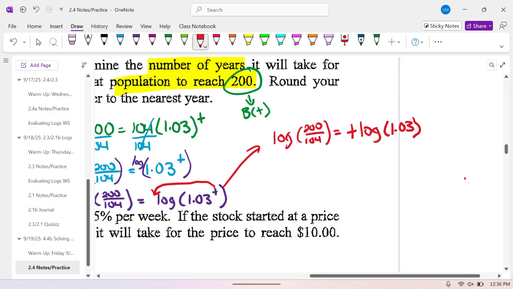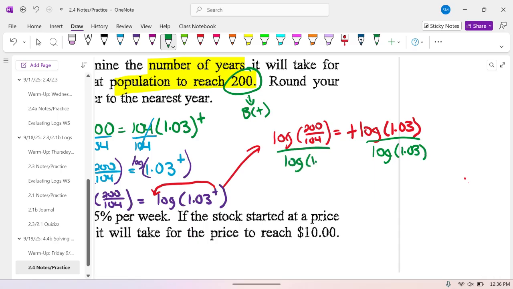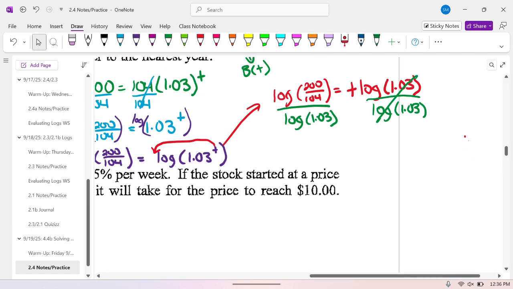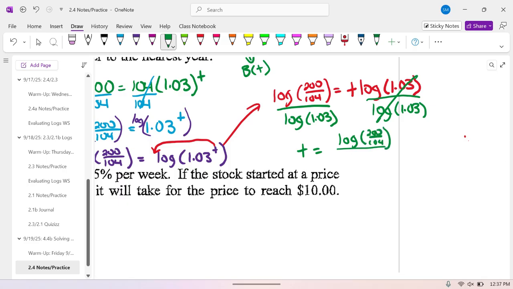Now what do I do? How do I get the t by itself? Divide by the log of 1.03. That goes away. So t is equal to log of 200 over 104 all over the log of 1.03.